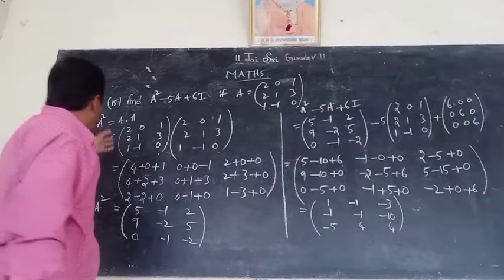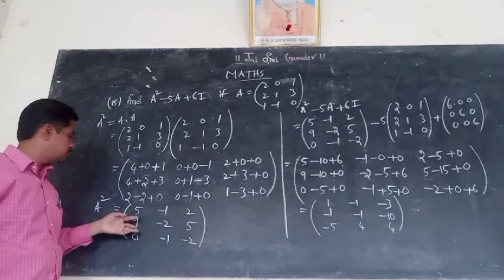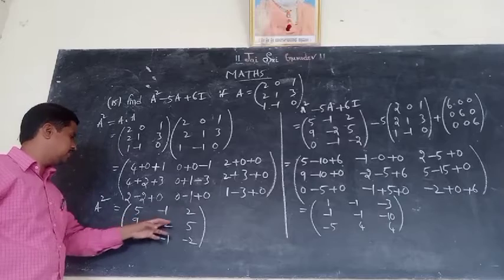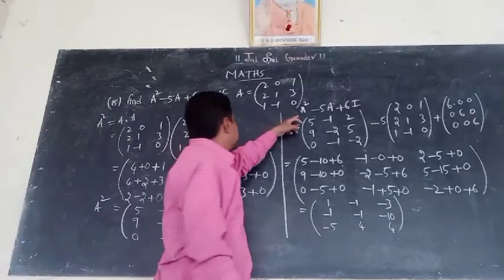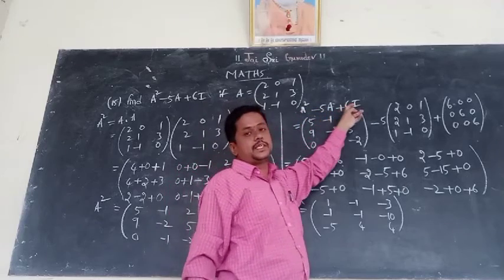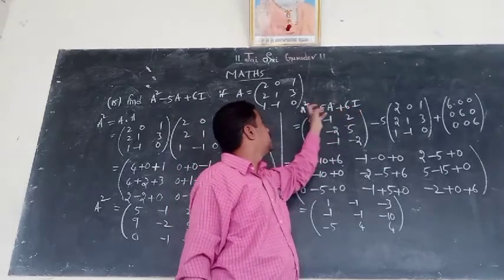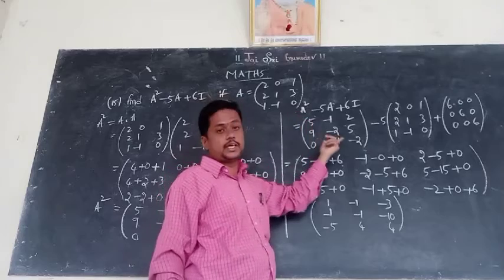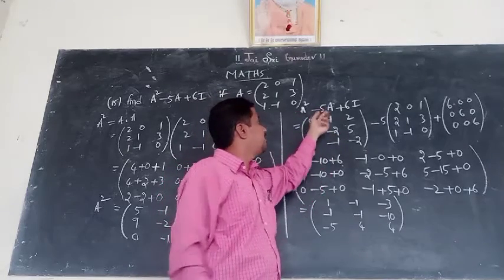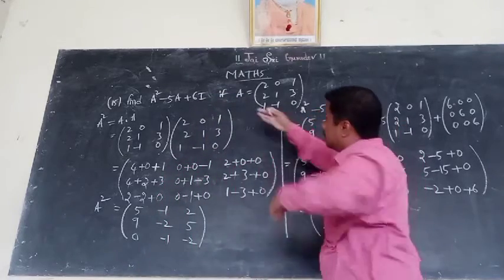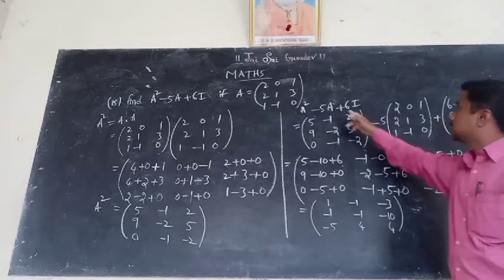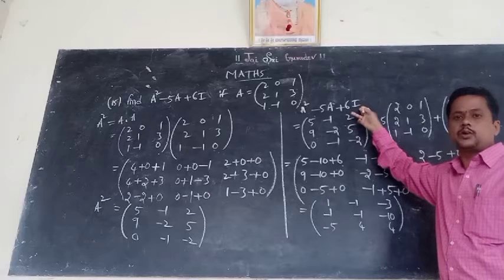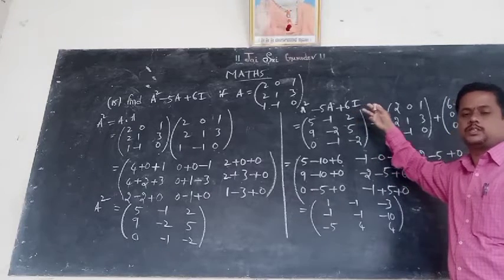See, we already calculated A square. So let us consider A square minus 5A plus 6I. Write out A square like this, the same A square, 5 into A is given, plus 6I, where I is the identity matrix, 1 0 0, 0 1 0, 0 0 1.